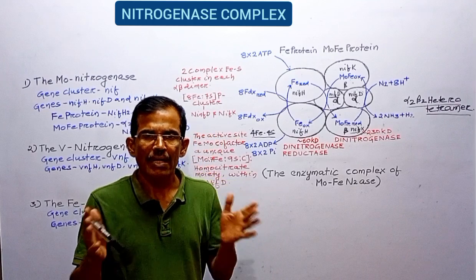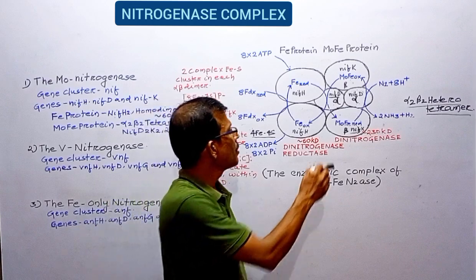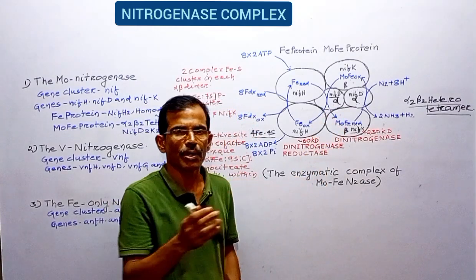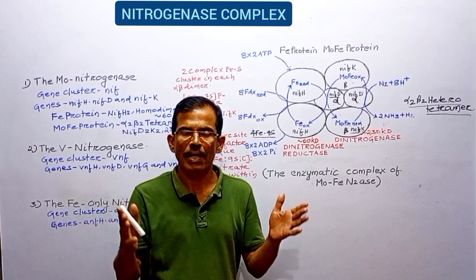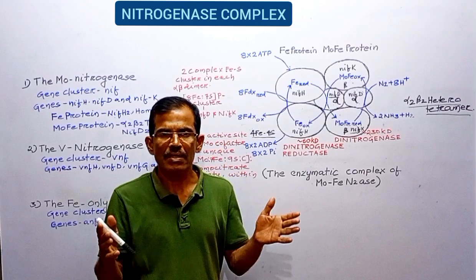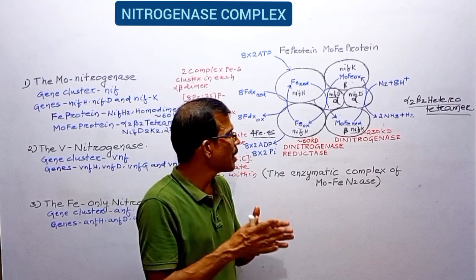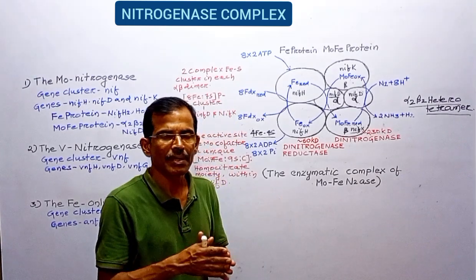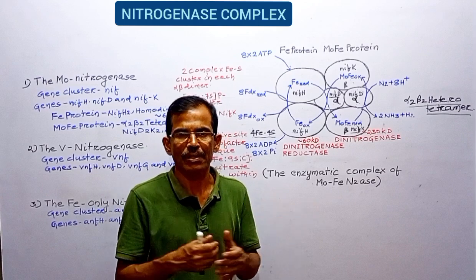One is the P cluster that remains buried at the interface between alpha and beta subunits. It serves as the initial acceptor of electrons from Fe protein. The other cluster is the MoFe cofactor that remains buried within the alpha subunit. It represents the site of substrate reduction.